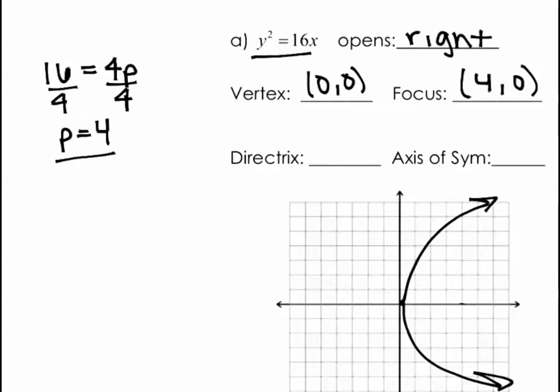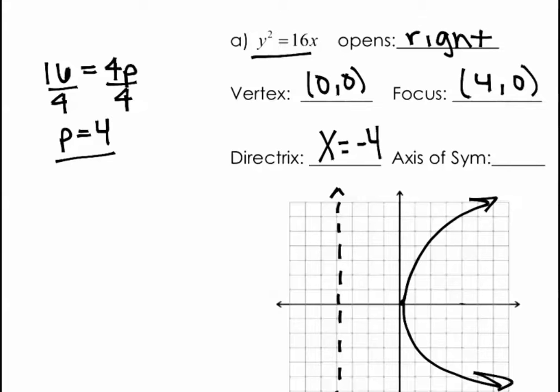Then my directrix is always going to be a line. So your directrix is 4 units in the other direction because your focus and your directrix are equal distance from that vertex. So 1, 2, 3, 4 to the left means I'm going to have this vertical line through -4. Now a vertical line through -4 is going to be an x equals line. So x equals -4.